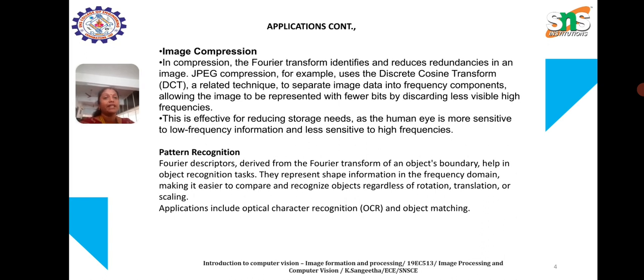They represent shape information in the frequency domain, making it easier to compare and recognize objects regardless of rotation, translation or scaling. That is, invariance to translation, rotation and scaling can be achieved using the Fourier-Mellin transform. These are critical for recognizing objects under different orientations and scales.